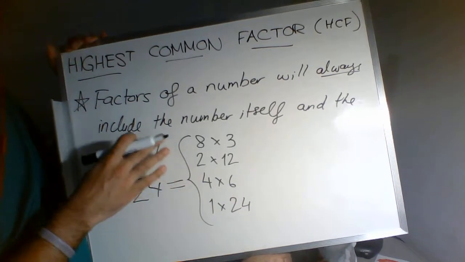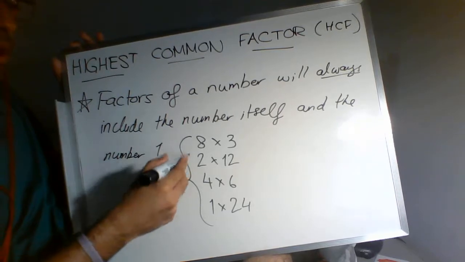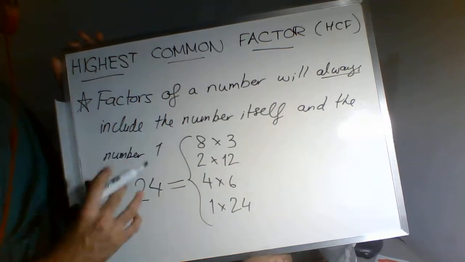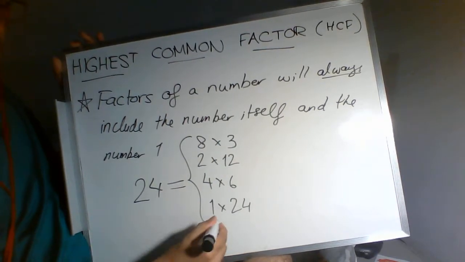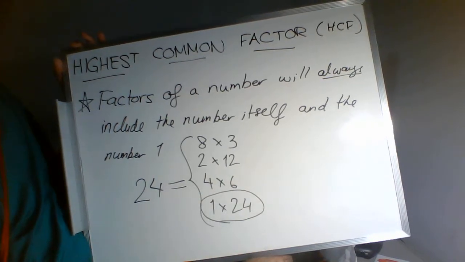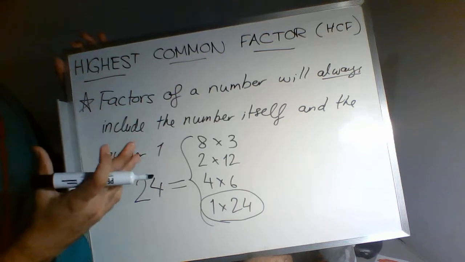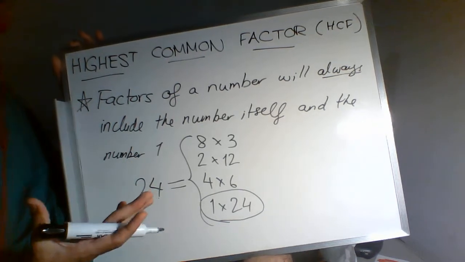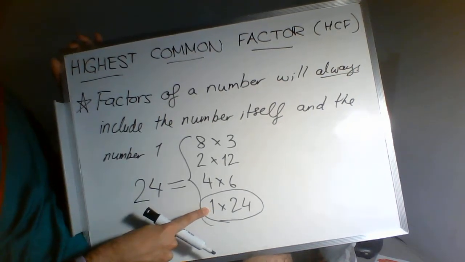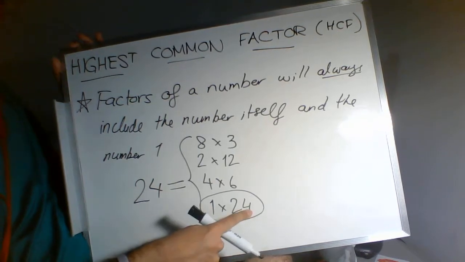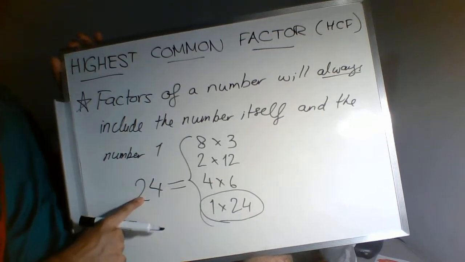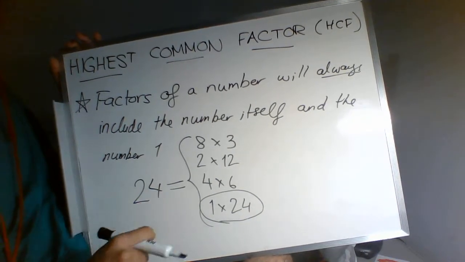There's a whole bunch of other ways to write 24, so all of those numbers would be factors as well, but this one is always going to show up. It doesn't matter if there are a couple of other ways to write it, a whole bunch of other ways, or no other ways, this one will always be there. The number 1 times the number that you're dealing with will give you back that number, right?